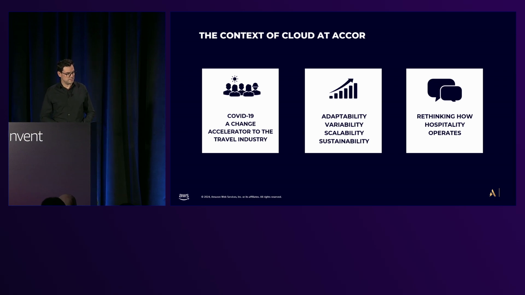Building adaptability, ensuring variability, scaling efficiently, and of course, sustainability. It's a deep transformation in terms of tech and business. So rethinking how hospitality operates, changing how we work, embracing test and learn with more room for mistakes.